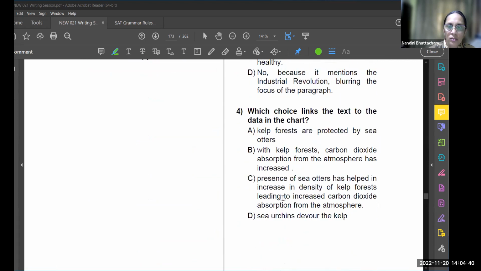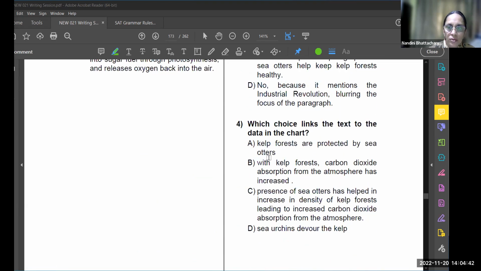Now your question 4 is, which of these sentences would link the text to the data in the chart? From the data in the chart, you figured out that if there were more otters, the kelp density went up while the sea urchins disappeared.